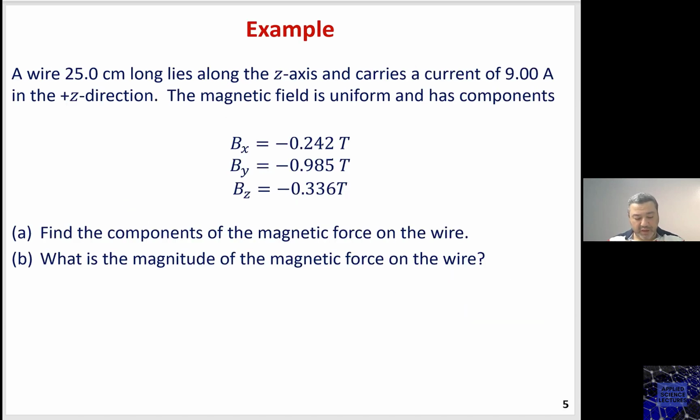Example, we have a wire that lies along the z-axis and carries a current of 9 amperes in the z direction. The magnetic field is uniform and has components Bx, By, and Bz. Find the components of the magnetic force on the wire.